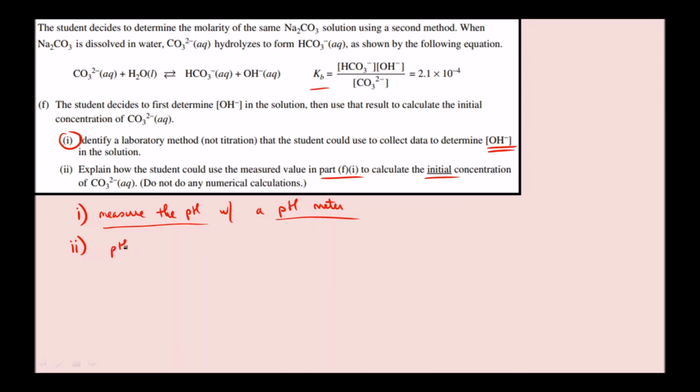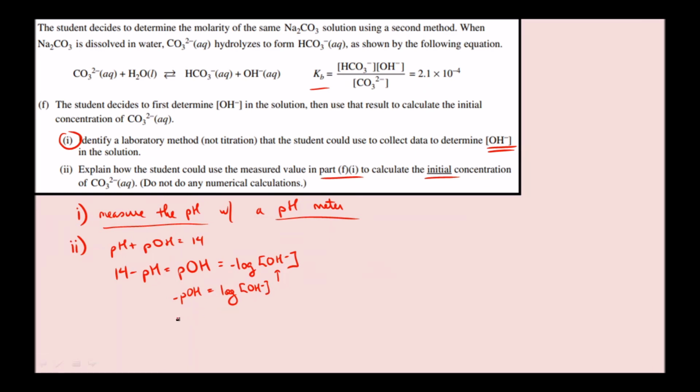We know that pH plus pOH equals 14, so 14 minus pH equals pOH. And pOH really means the negative log base 10 of the concentration of OH-. Negative pOH is equal to log of the concentration of hydroxide.